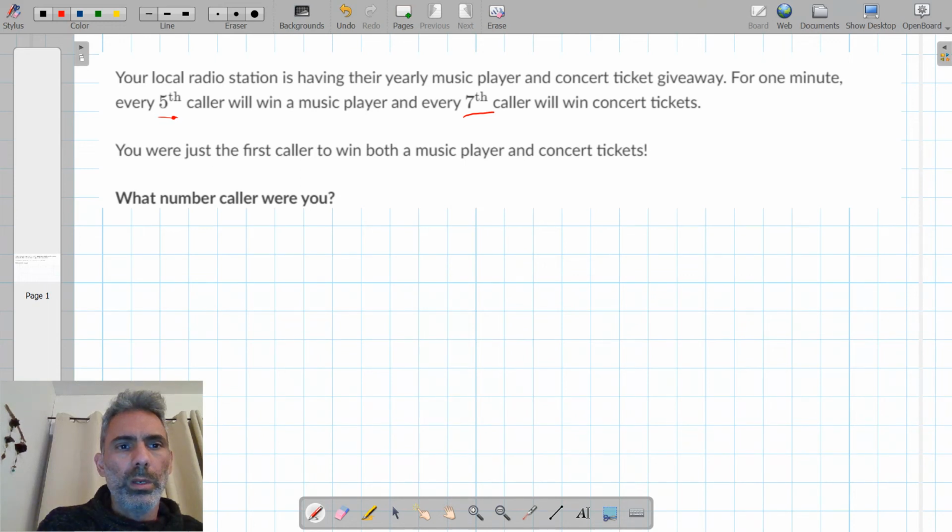Okay, so we need to know the least common multiple of 5 and 7. Which is 35.